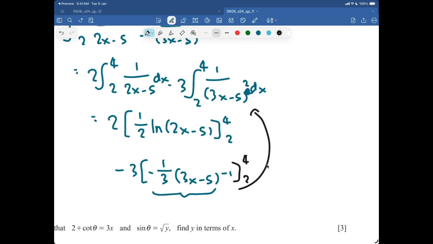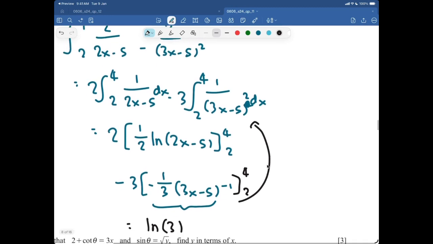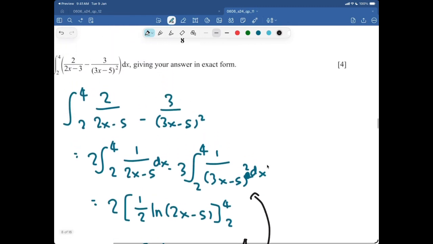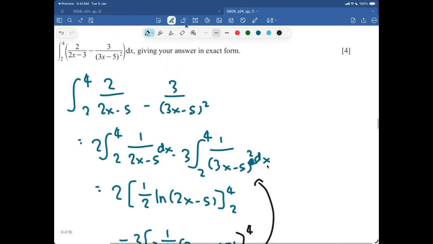Okay, that's great. So it equals ln of 2 times 4 minus 5, which is 3, minus... something's off here. Oh, it's 2x minus 3.